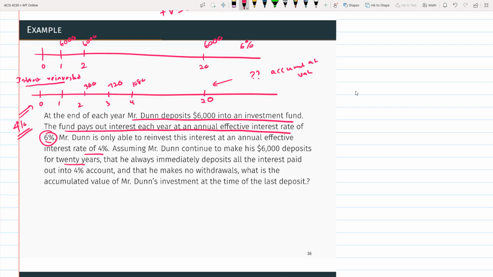So the first thing, what's the account value of the first account? The answer would be easy, since you are withdrawing all the interest, there's nothing left except the 6,000 you are depositing. So this would be 6,000 times how many deposits? That's going to be 20, no? Yeah, so it's going to be 120,000.